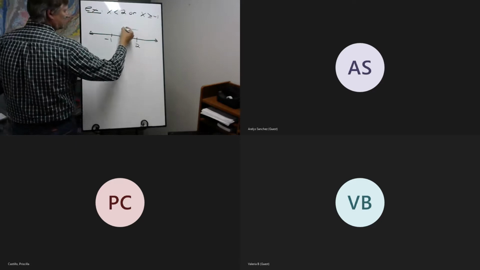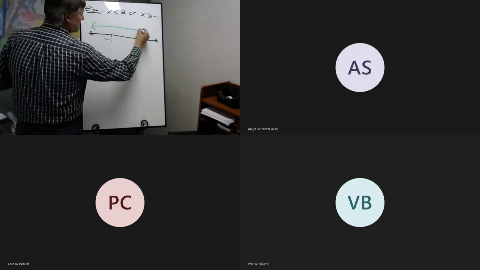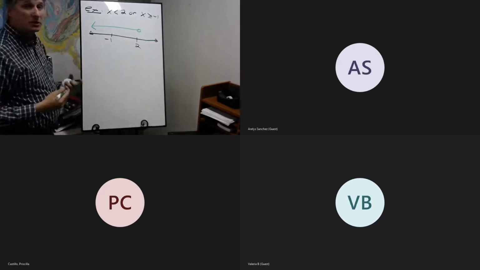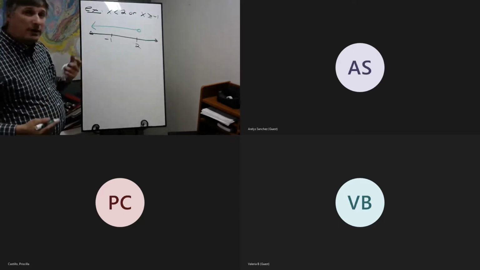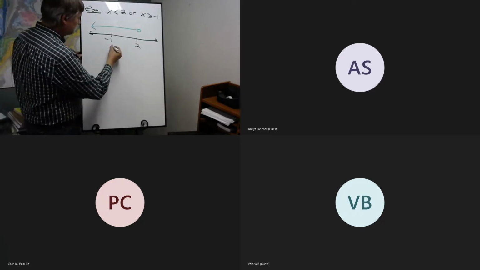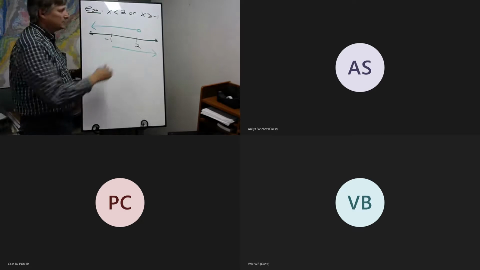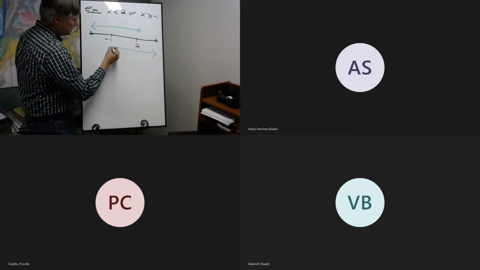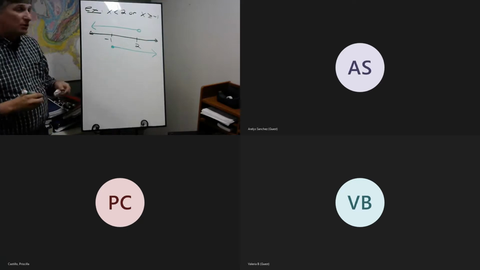So smaller than 2 is always to the left of 2. Then we have an open circle. That means we don't include 2. Now, for x greater than or equal to -1, greater means to the right. And since we have this equal to, we have a closed dot.